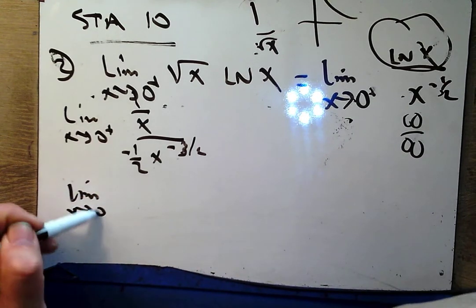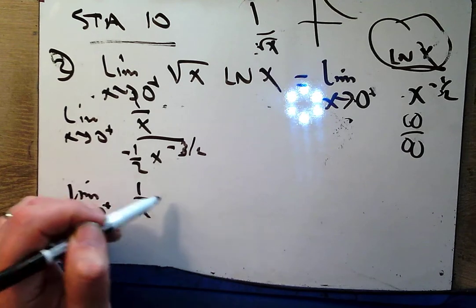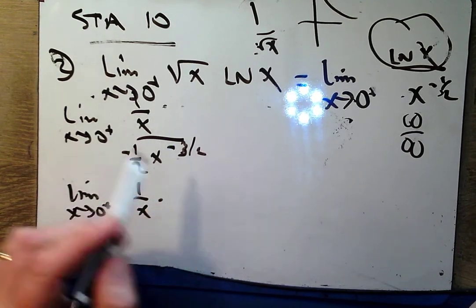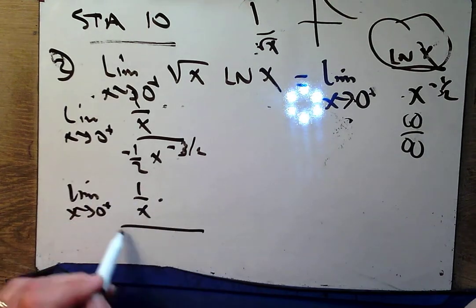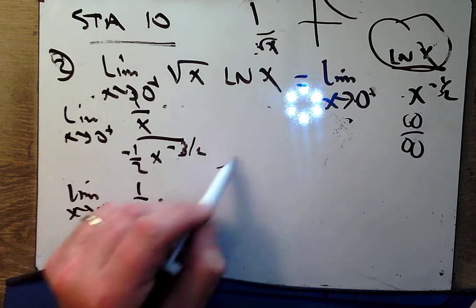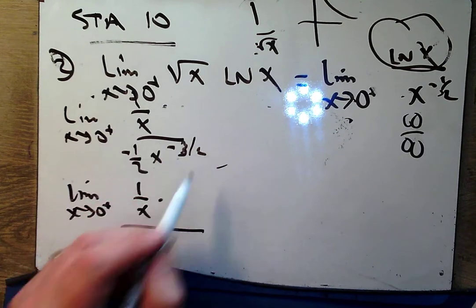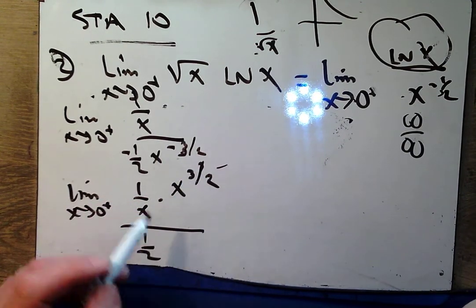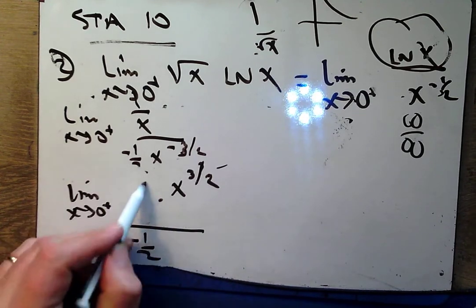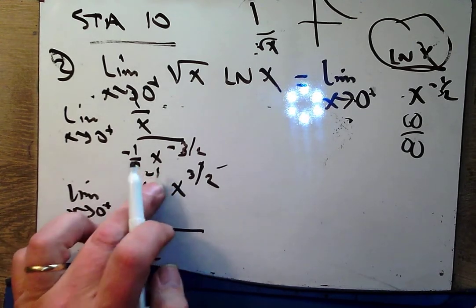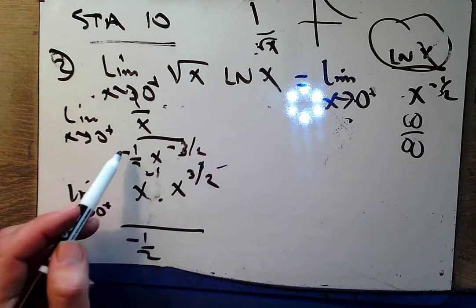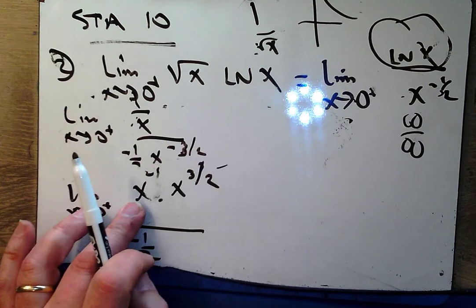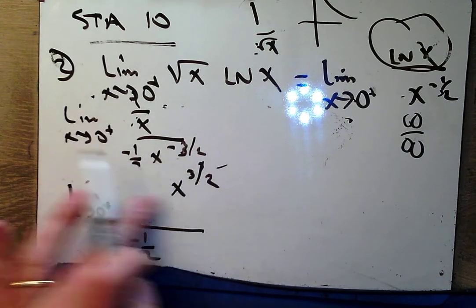Limit as x heads to 0 from the positive, 1 over x times negative, yeah, I'm going to leave that down here for now, and I'm just going to move that one up and be x to the 3 halves. I guess this is x to the minus 1. That's still on the bottom. That should be 1 over x. Yes.